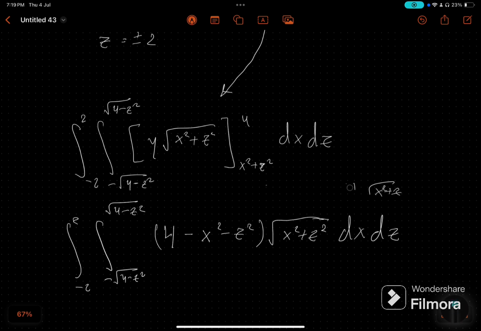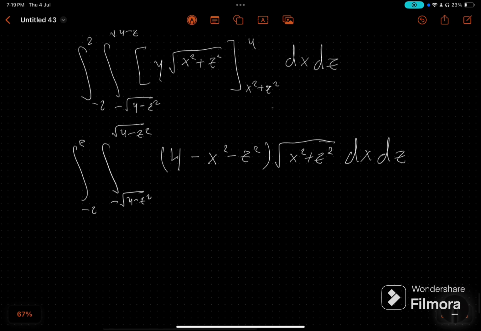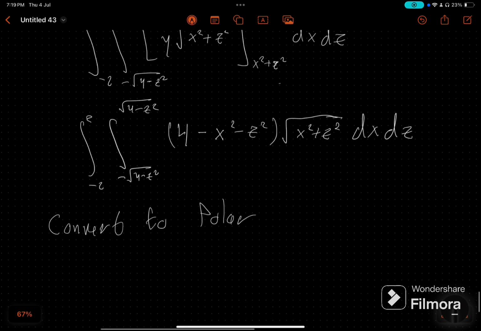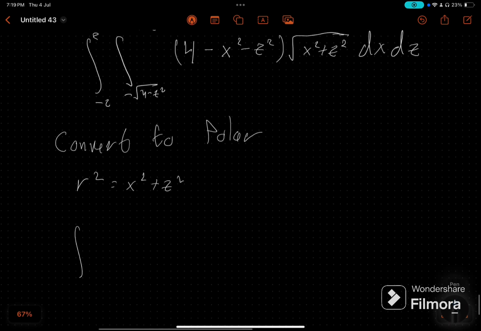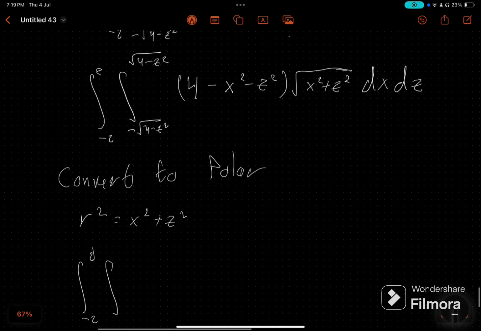Now this is gonna get even more complicated if we continue with this, so we're not gonna continue with this. I'm gonna convert to polar, so r squared equals x squared plus z squared. Of course, the limits are gonna be different.